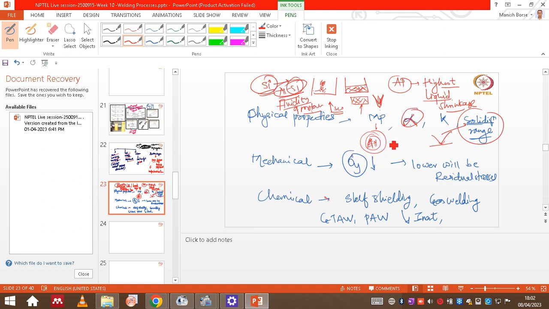So in other words, we can say aluminum is a material which has higher liquid shrinkage. Okay. So let's say we heat a particular aluminum billet beyond its melting point, and then we start solidifying from that point. The material starts shrinking, because the solid has lower volume compared to the liquid, right? So because of that, solidification shrinkage will take place, and that solidification shrinkage will be higher in the case of aluminum.